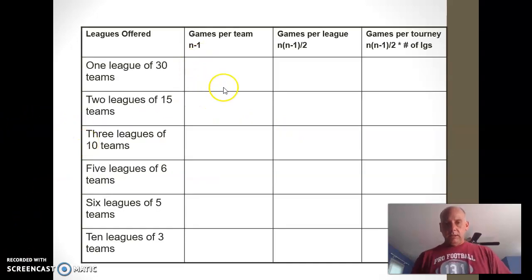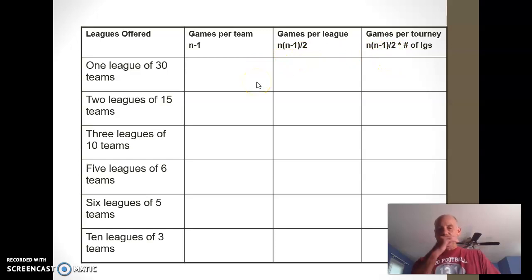So that's a whole lot of games for each group. Games per league is n-1 times n divided by 2, so it's 29 times 30 divided by 2. Big number, right? And then times the number of leagues, so that at least it's going to be the same number there.